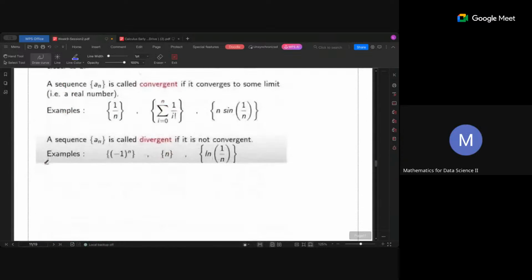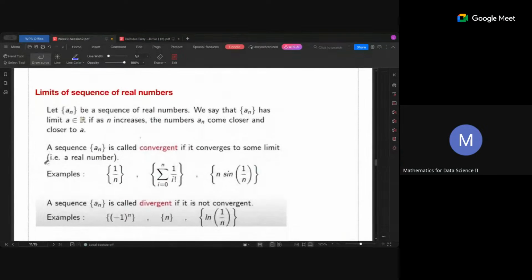Okay. Fine. So limits of sequences of real numbers you already know. For example, if you have sequences like 1 by n, what is the limit of 1 by n? Is it a convergent sequence? Yes, ma'am. What is the limit of 1 by n? 0.